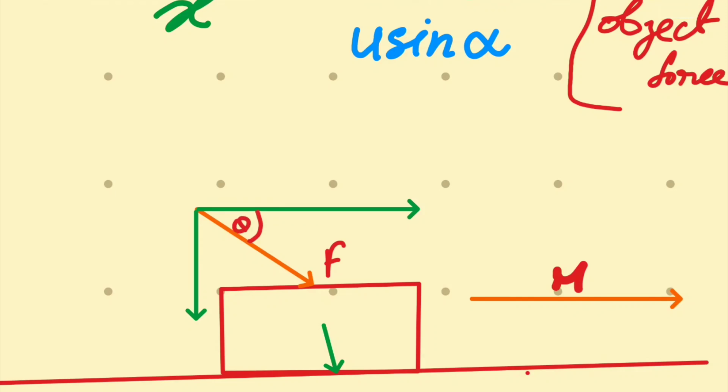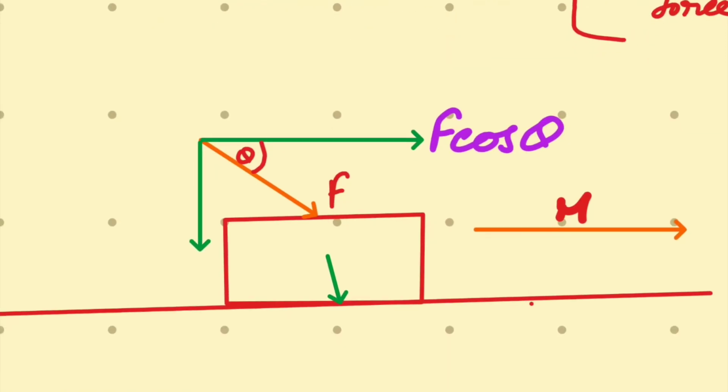So we can say this is F cos theta, and in that case the force acting downward has to be F sine theta. How to define cos and sine, we'll work on that, but this is the main concept of how we resolve vectors.